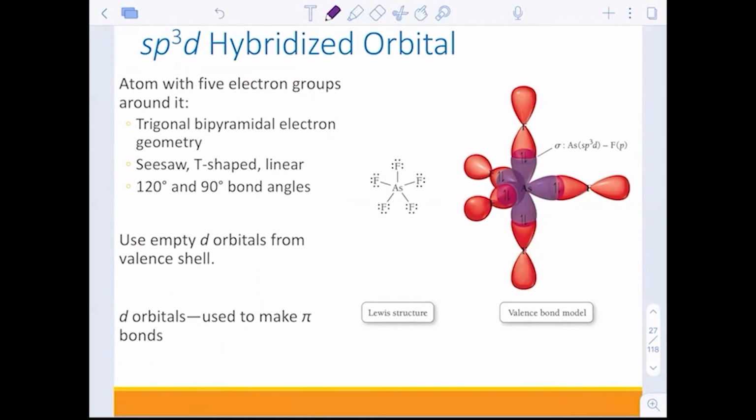Now, where do we get the expanded octets? When the expanded octets occur, it's because the atom is in the n equals 3 principal quantum number for its valence electrons. L can be 0, 1, or 2. So in n equals 3, we have S's, P's, and D's.